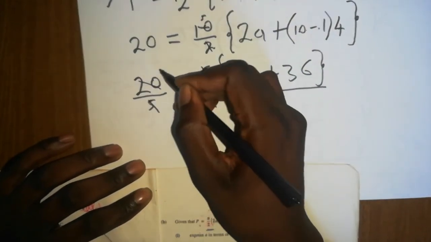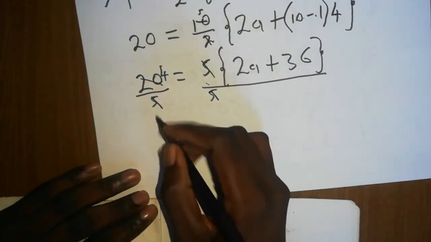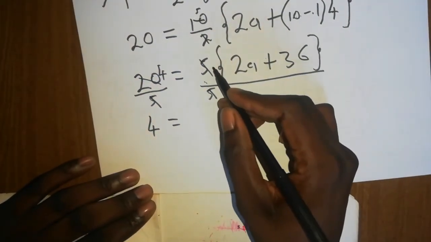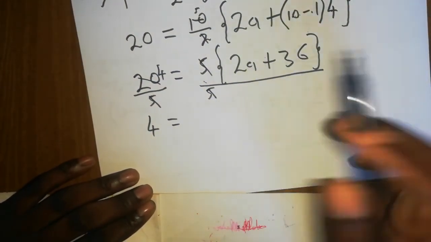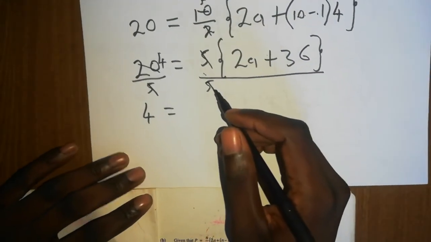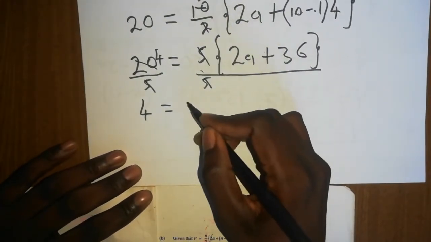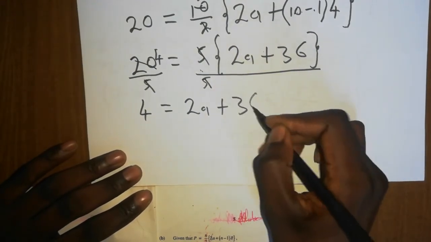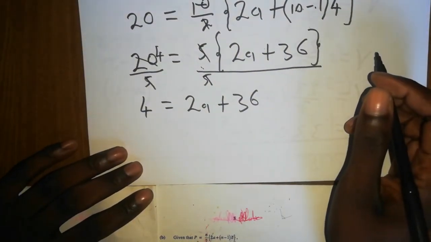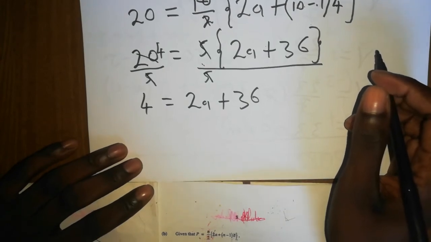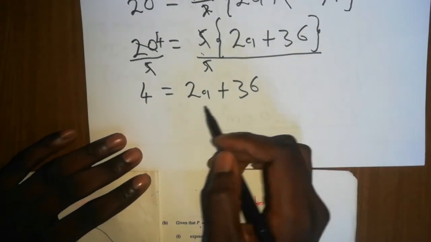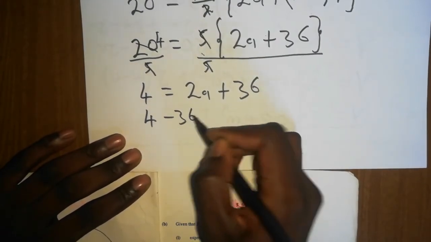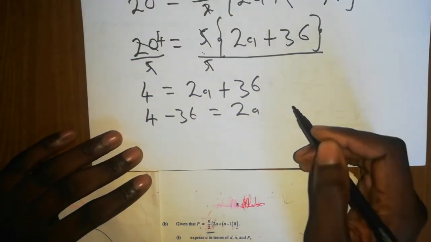5 here, 4. So I'm left with 4 is equal to, here automatically there is a 1. 1 times everything there, there's nothing that is going to change. So I'm left with 2a plus 36. You see? I'm left with 2a plus 36. So I'm going to collect my like terms. 4 minus 36 is equal to 2a.